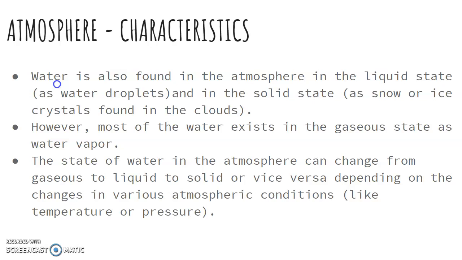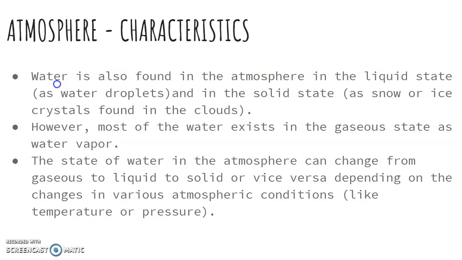However, water exists in the gaseous state the most, and the gaseous state of water, if you remember, is water vapor. Depending on how the atmospheric conditions change, and by these I mean the temperature or pressure, the water can also change its state from gaseous to liquid to solid and vice versa.